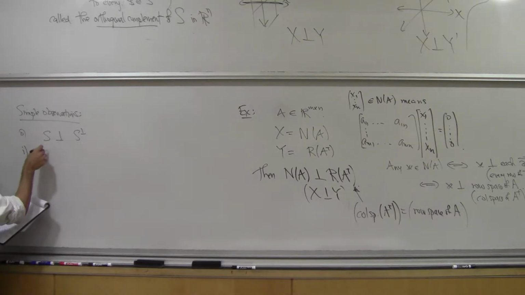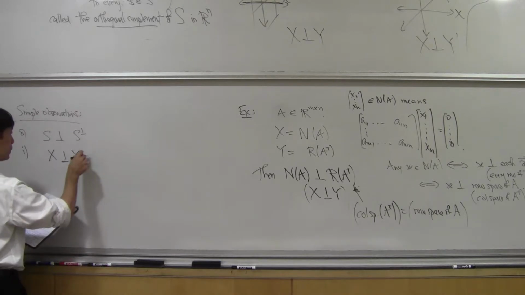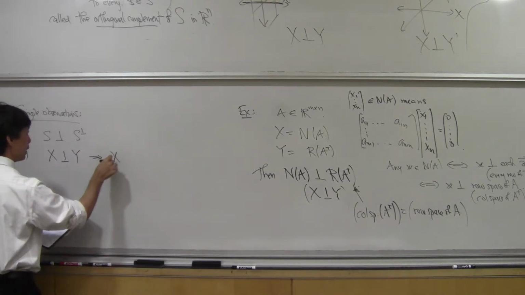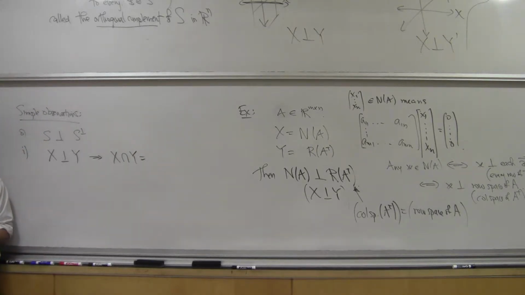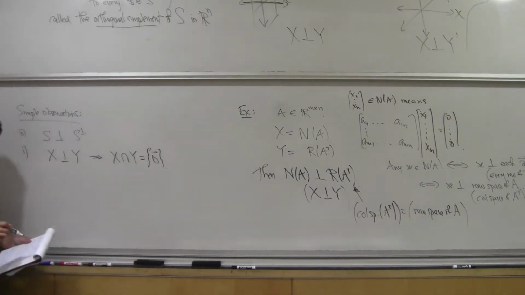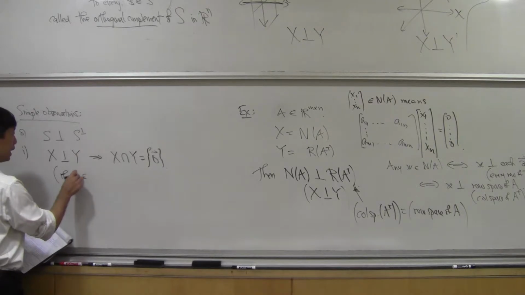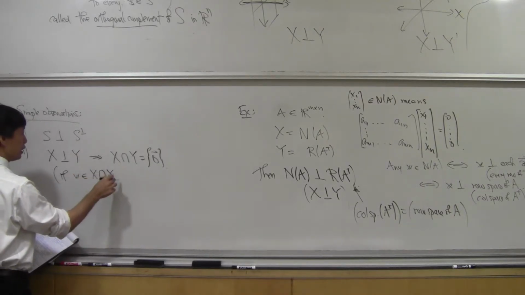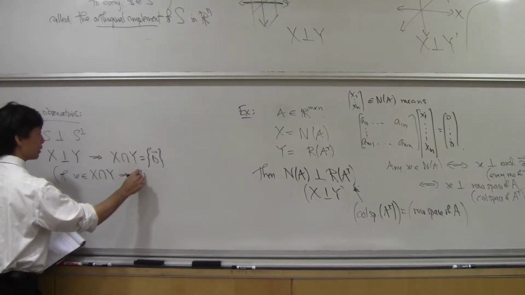Observation number 1: if two subspaces are perpendicular to each other, then their intersection will be the 0 vector. Because if some vector lies in the intersection, that means that vector must be perpendicular to itself.